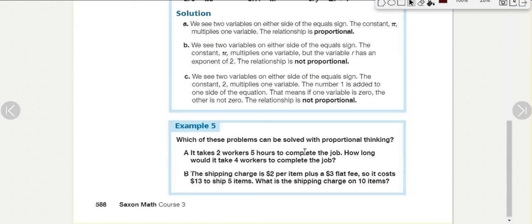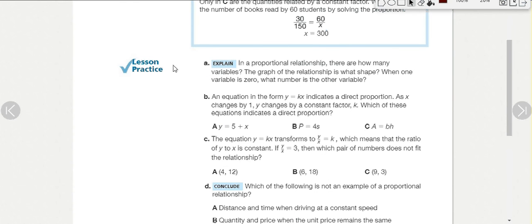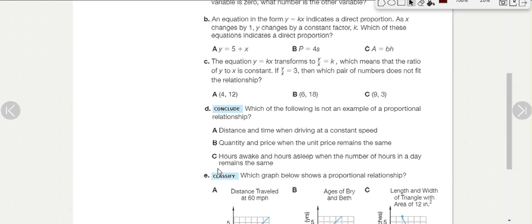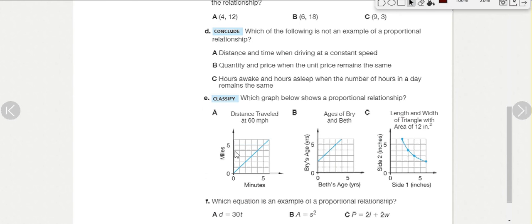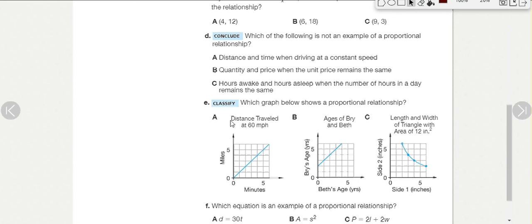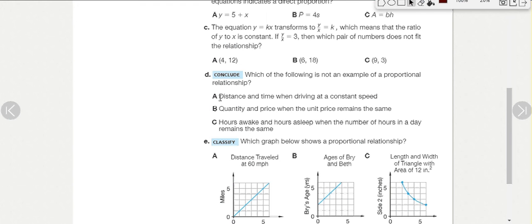But this isn't going to be constant with the workers because how long the workers take to do a job is not constant when you switch to 4 workers. We can talk more about that in class, I suppose, but I do want you to do all the practice. And maybe D will be the one that challenges you. So we'll talk about that one in class.